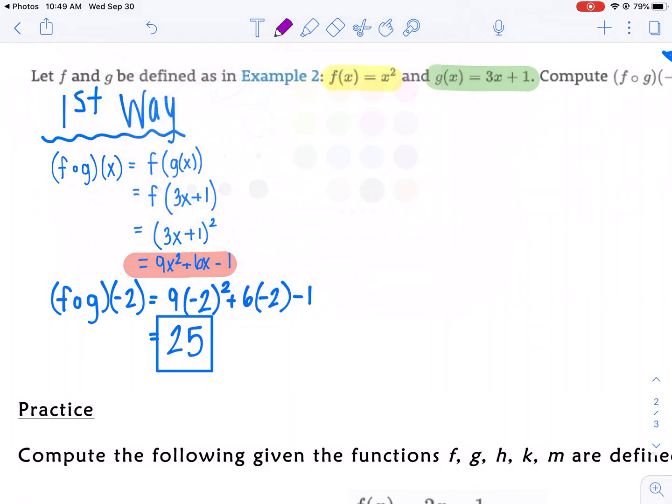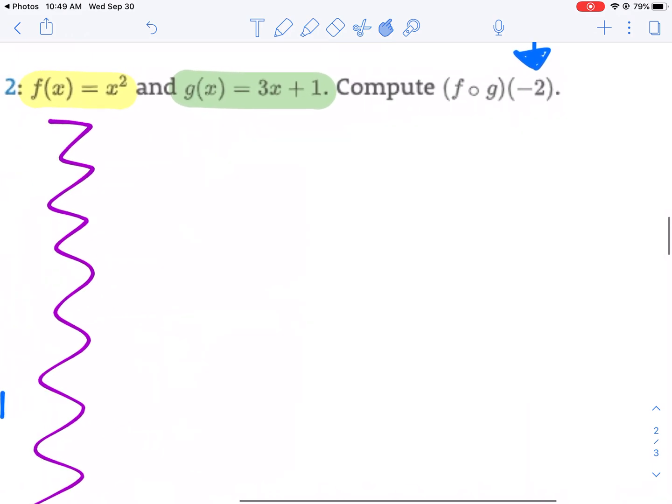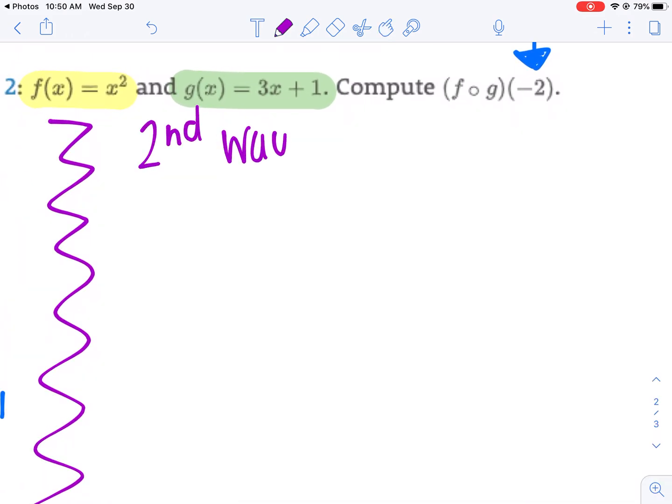The second way is to input it right away.